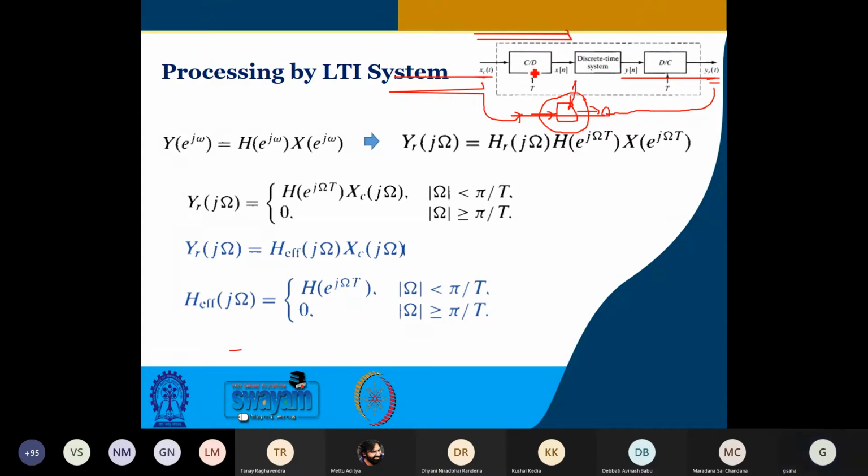So this continuous to digital conversion, we know discrete time system to which input is x[n], output is y[n], and this input and output are connected by H(e^jω).